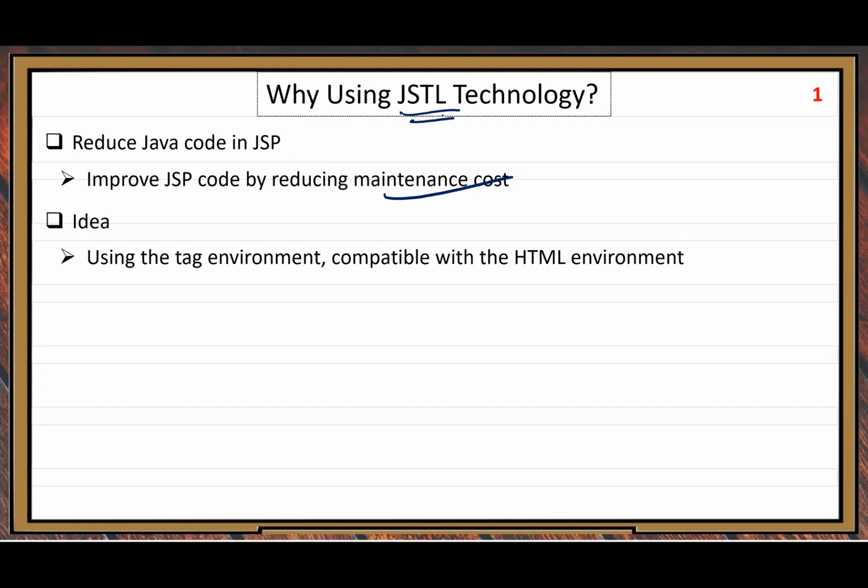We as developers can write our own tags, our own data processing capability using tag ways. That's another technology, but related to this one. This one we call a standard tag library. And another way is that we can write our own customized ones.